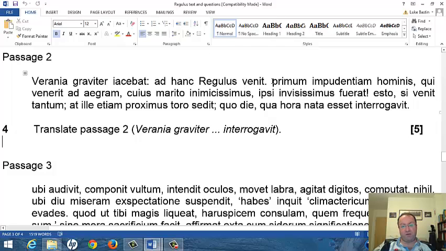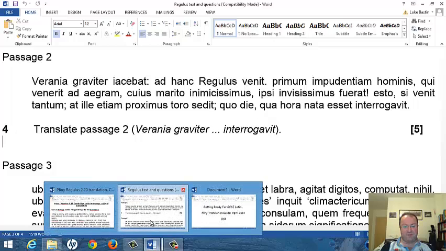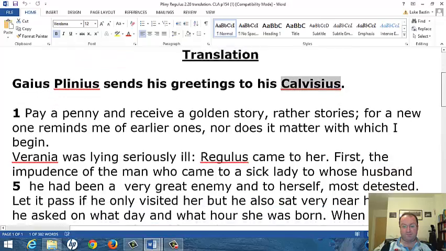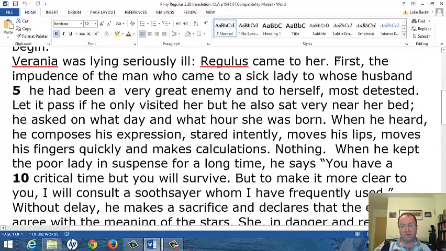Okay. Right, let's go through it and translate it. Now we understand roughly what's going on. And before we do, actually, let's just make a very quick comparison with your English translation. Okay, so notice how that's the primum in the text first. Again, it's being used adverbially, so it's not agreeing with imprudentiam, the impudence, not at all.